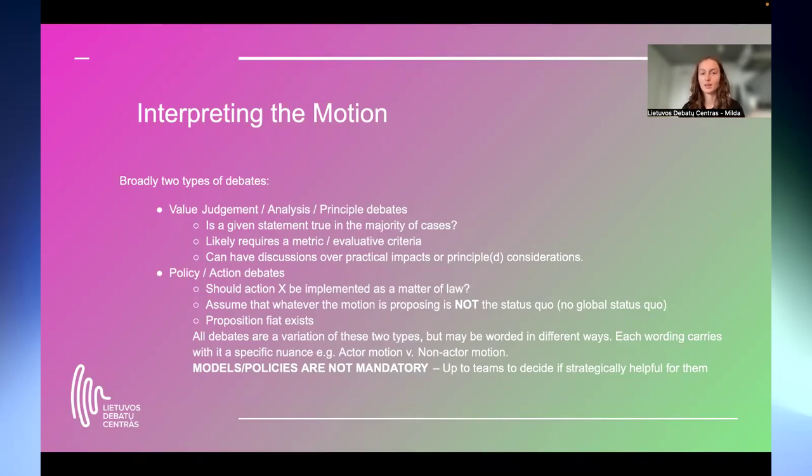So once again, we'll be talking about this later, but basically models are just explanations about how would you implement a specific change. In many motions, specifically "this house would ban things" motions, models are quite necessary. In other motions, they're not. So once you get some practice and you see this presentation, you will start to get intuitions about where models are beneficial and where they're not very useful.